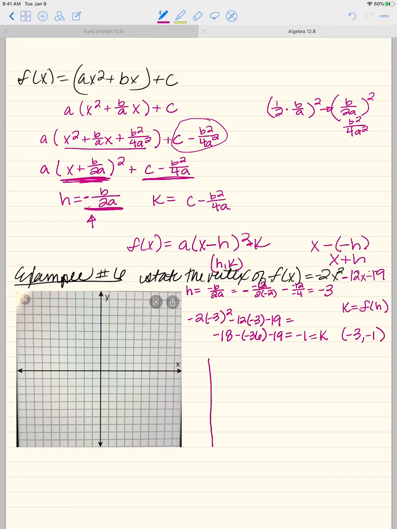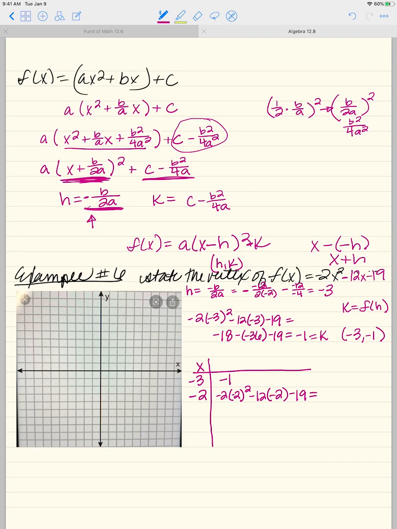Now we are asked to plot this graph. So when x is negative 3, we know we have negative 1. What about when x is negative 2? Negative 2 times negative 2 squared minus 12 times negative 2 minus 19.